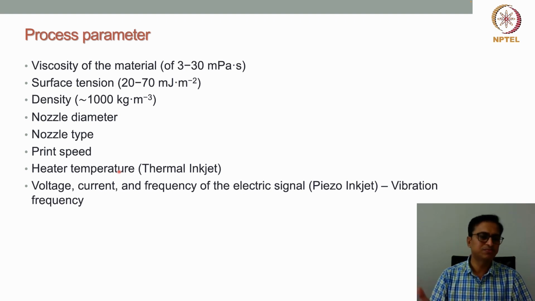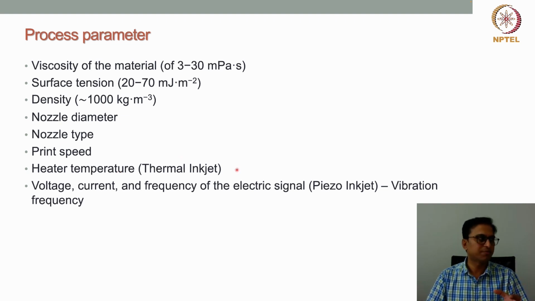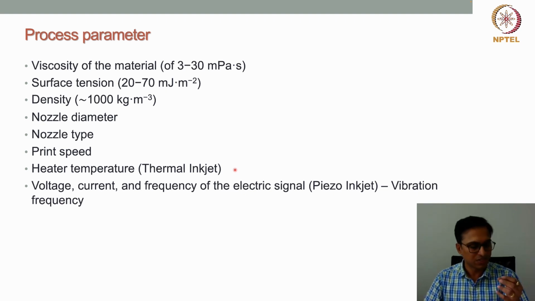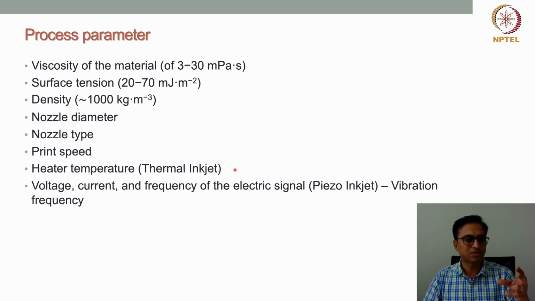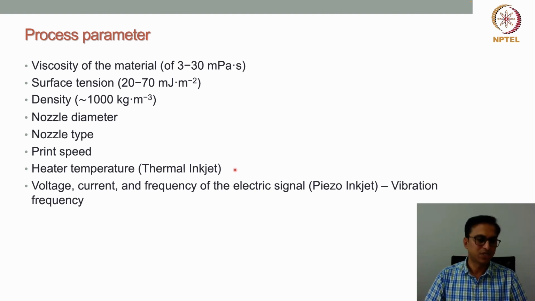So you have to have a balance. The heater temperature can be kept at a certain level so that it is not detrimental for the encapsulated or suspended cells or biomolecules, but it is enough for efficient droplet production.